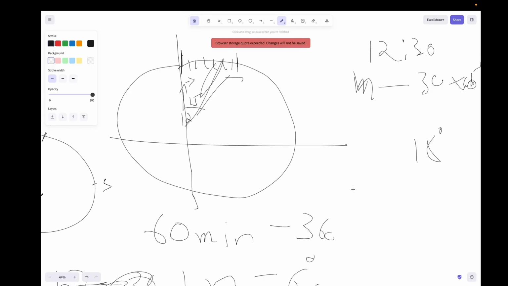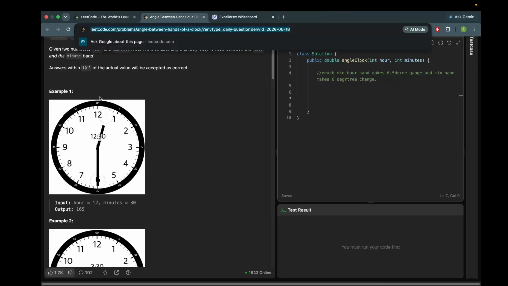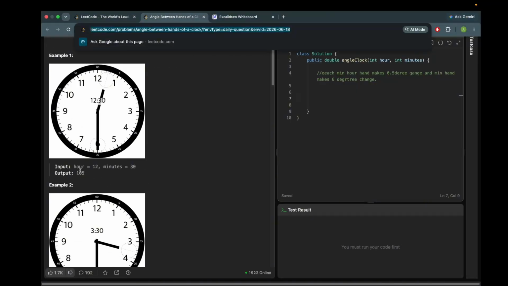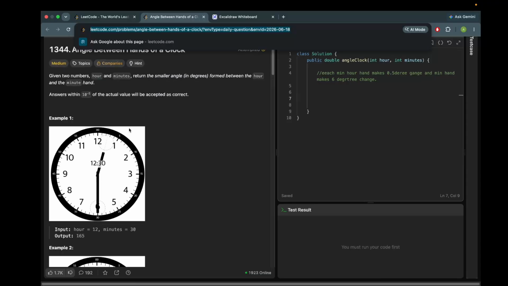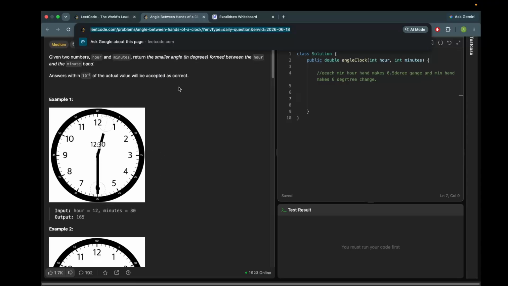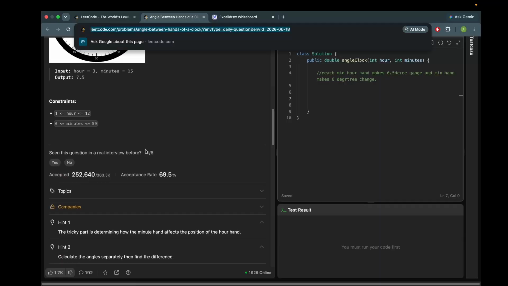So minute hand is at 180, and I have 15 and 180. The difference would be 180 minus 15, that would be 165. Yeah, so that is correct. As long as minutes are within 60.